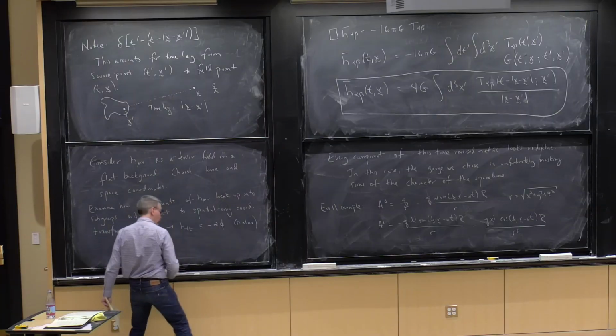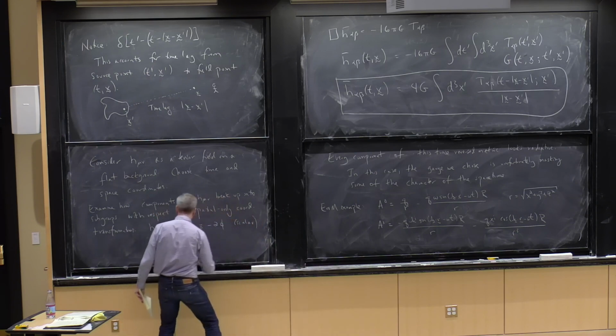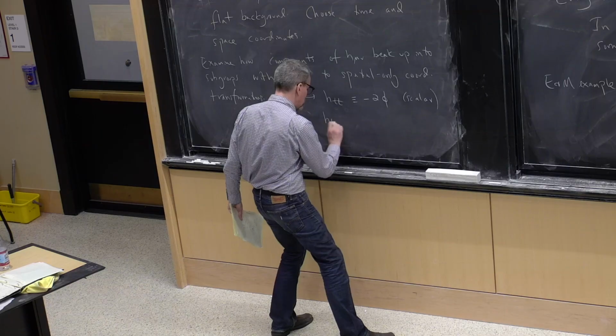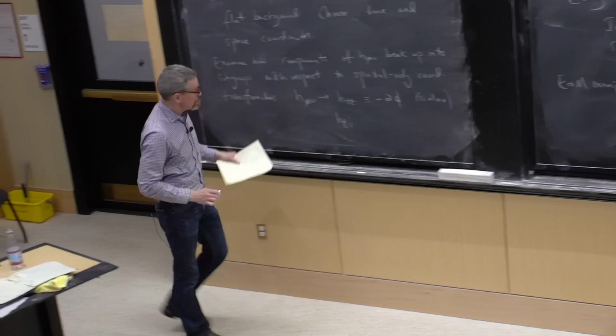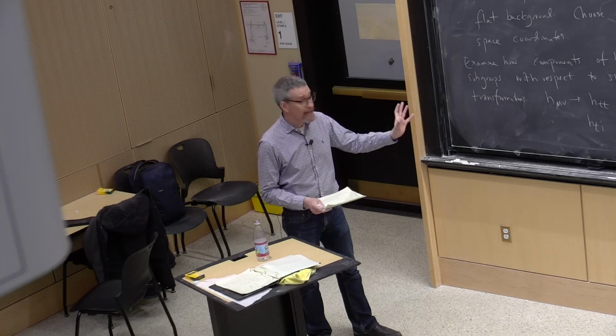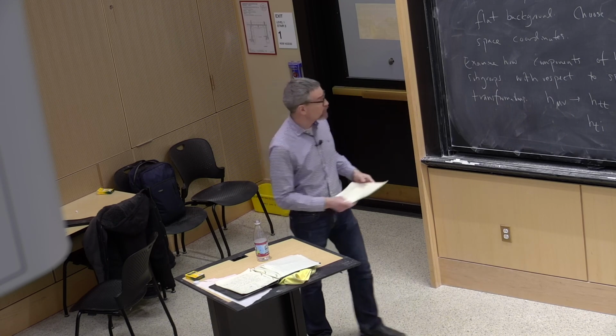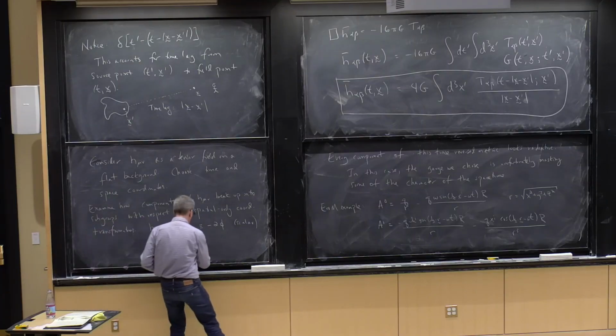My space-time piece, so components of the form HTI, I'm going to characterize this in more detail a little bit later, but these three numbers are going to behave with respect to spatial-only coordinate transformations like a vector.